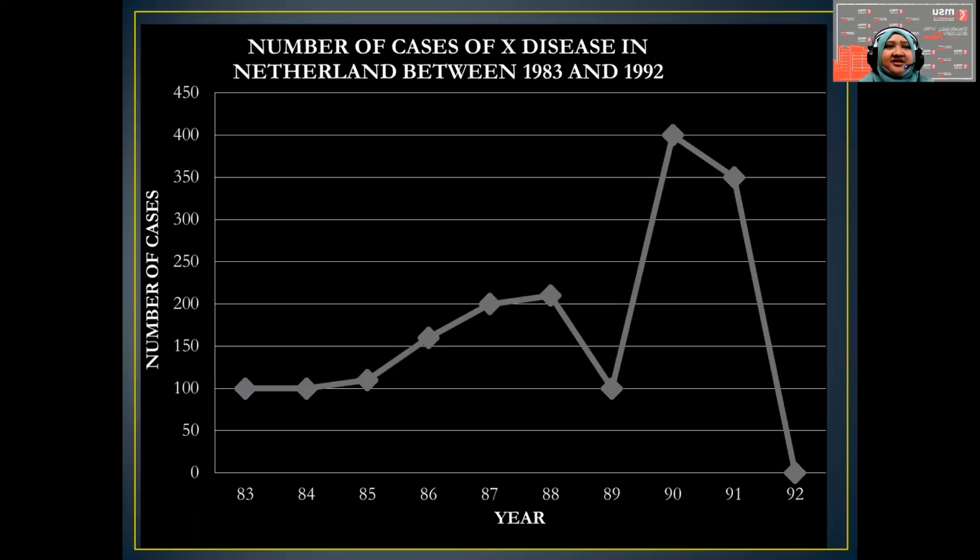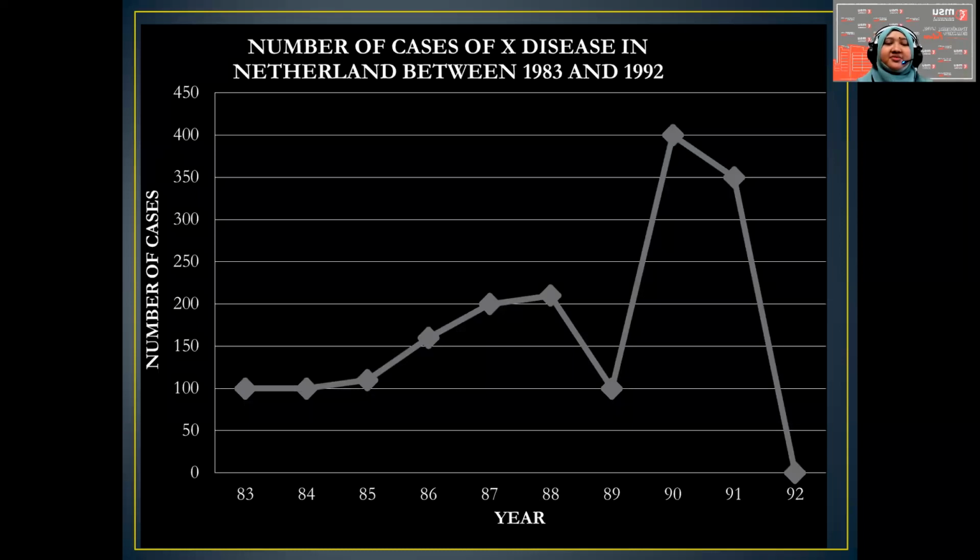Then the number goes down in 1989, but suddenly spiked to a high value of 400 in 1990, then goes down in 1991, and died out entirely in 1992. So the number of X cases is 0 in 1992.